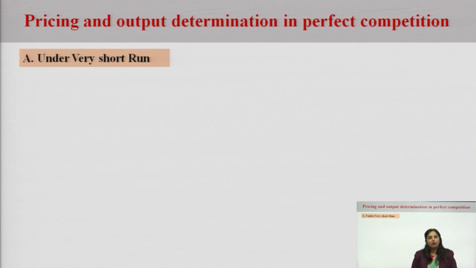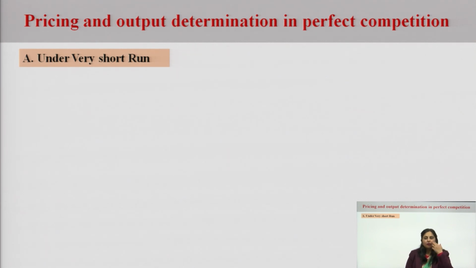In perfect competition there are three situations: the very short run, the short run and the long run. Starting with the very short run, it is the time period when the supply of every seller is constant, which means the market supply remains constant. It is that small duration of time when no seller can change the supply.